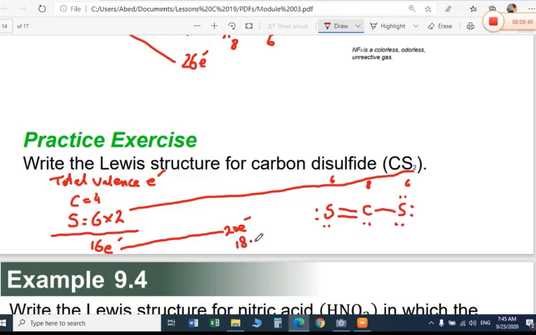18 electrons means still 2 more electrons are here. So what we do, we remove these 2 electrons from here and 2 electrons from here and give a double bond here also. So let's take the eraser and delete these 2 electrons for carbon.